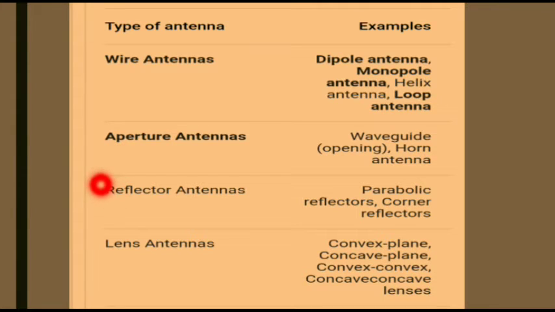Reflector antennas include parabolic reflectors and corner reflectors. Lens antennas include concave plane, convex plane, convex and concave lens antennas. These are the types of antenna.